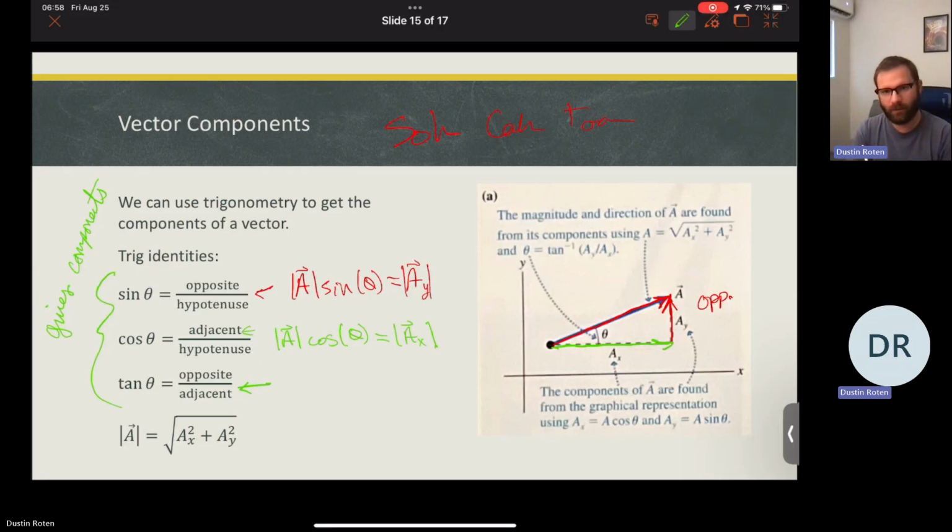So if we know Ax and Ay, this bottom one, which is just the Pythagorean theorem, is going to give us the length of the original vector. Gives length of, I think I'll call it total vector. All right, so now we can get our components and we can get our total length just from using some simple trig from pre-calc.